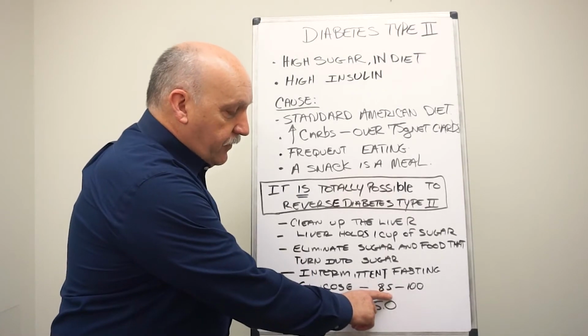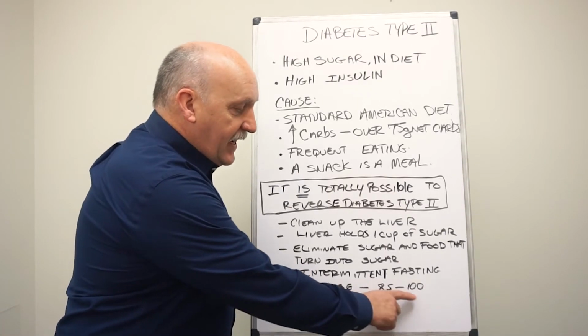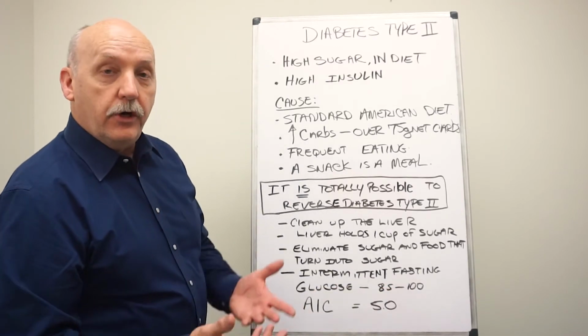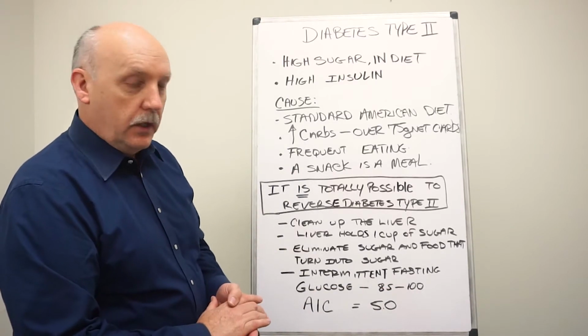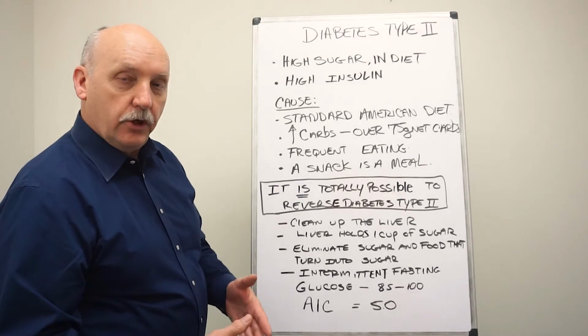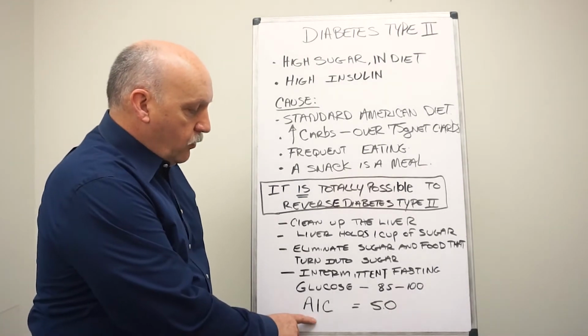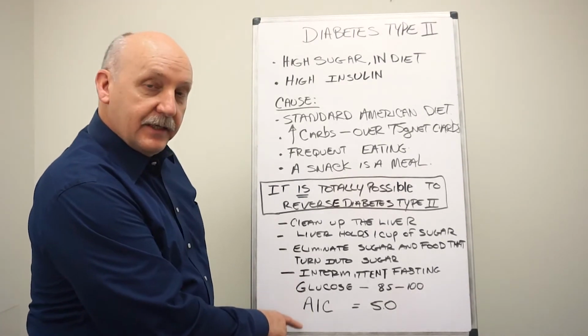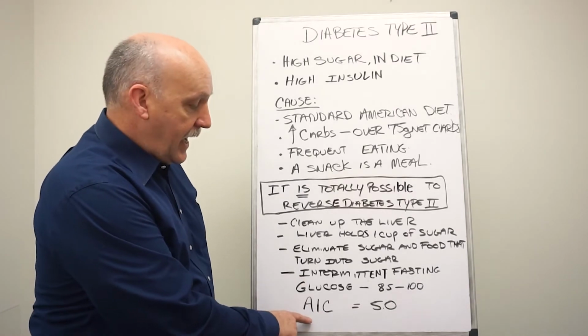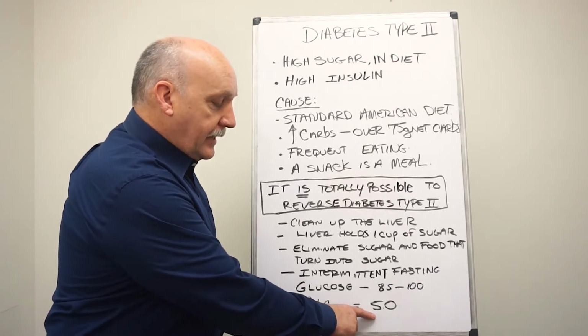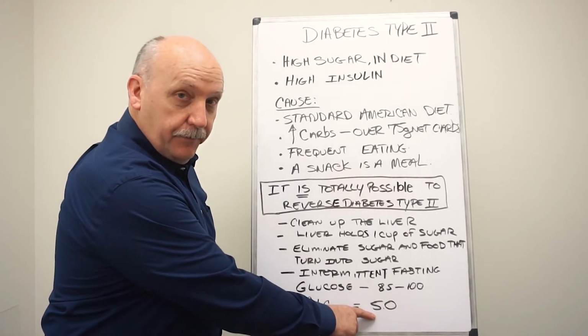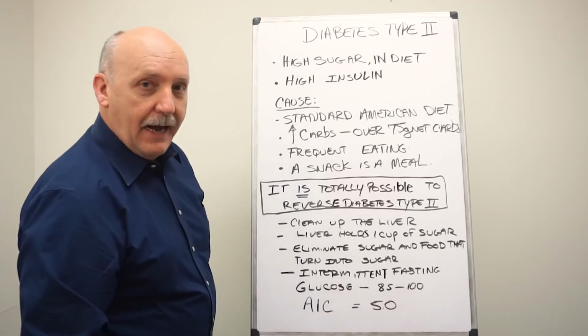So you want that first thing in the morning anywhere between 85 and 100. If it's over 100, that's usually a liver issue. Your liver's dumping out too much of that sugar at nighttime. Your A1C, now these are tests that you would find on a blood test. Your A1C should be as close to 5 as possible, and 5 would be optimal.